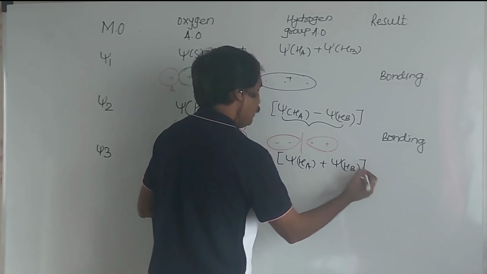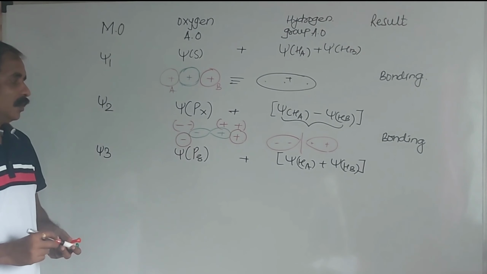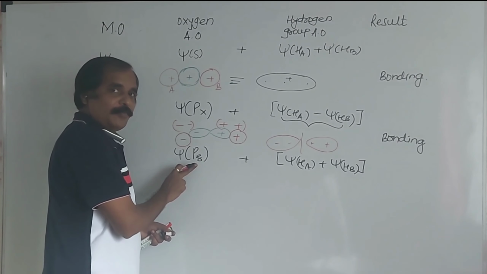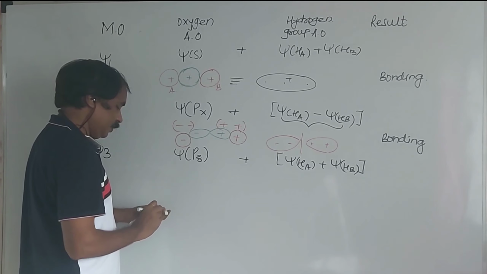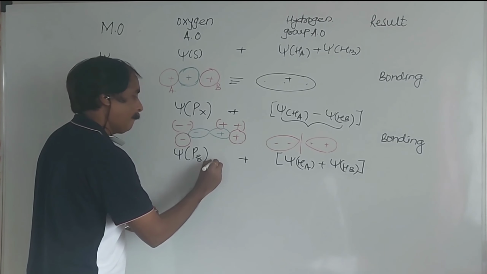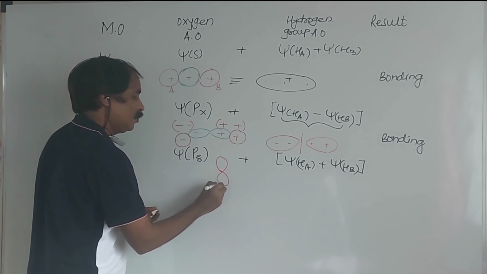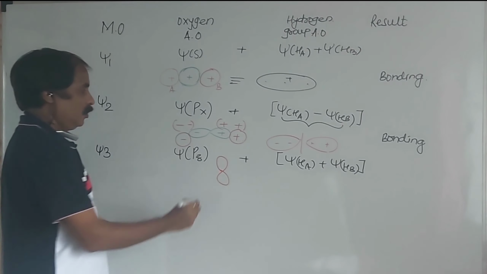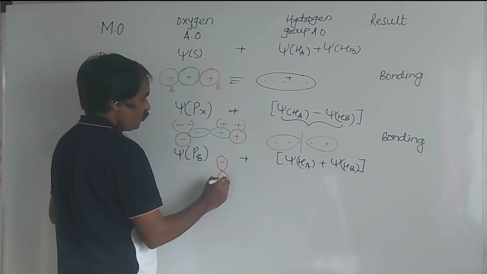Again, group atomic orbitals. So here it is Pz, psi Pz. Suppose it is like this. How to show? Suppose like this. Here it is negative amplitude, here it is positive amplitude.